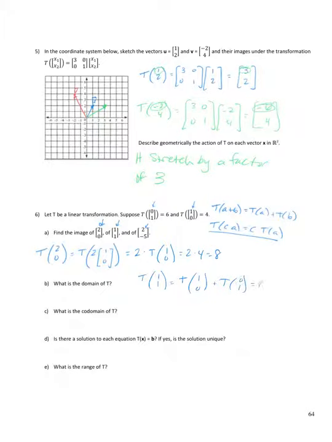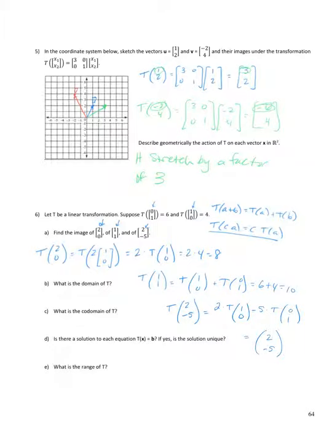Which is 6 plus 4, which is 10. And finally, T of 2, -5. That is 2 times T of 1, 0 minus 5 times T of 0, 1. And I get 2, -5.